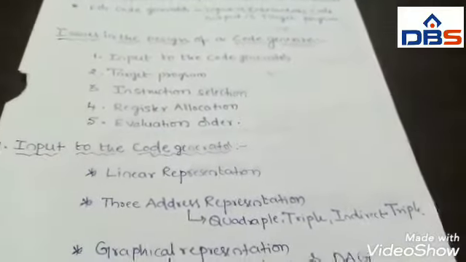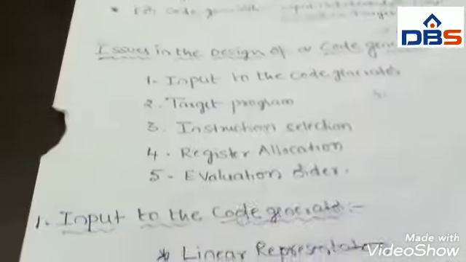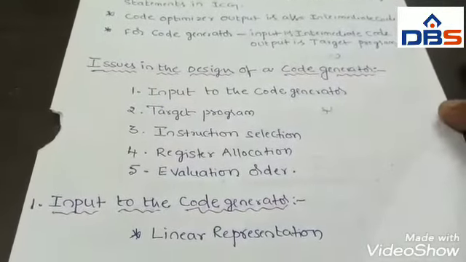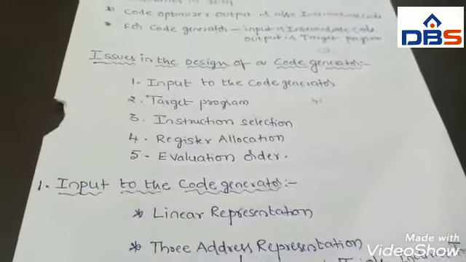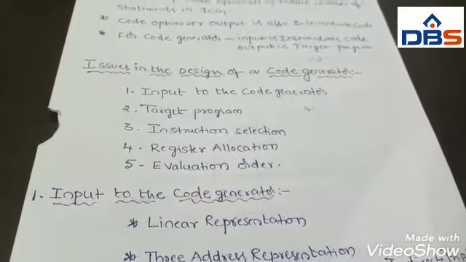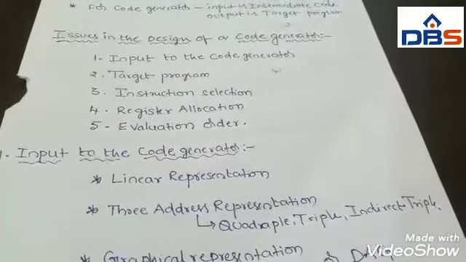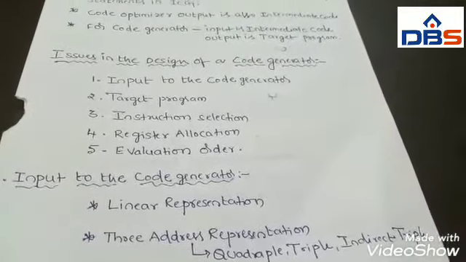First one is linear representation, such as postfix notation. For example, A B star. Here the operator comes after the operands. That is, postfix for A star B is a linear expression. Whereas three address representation includes quadruple, triple, and indirect triple.